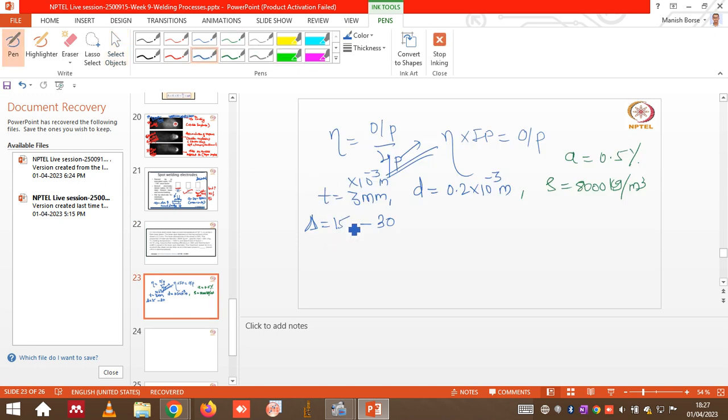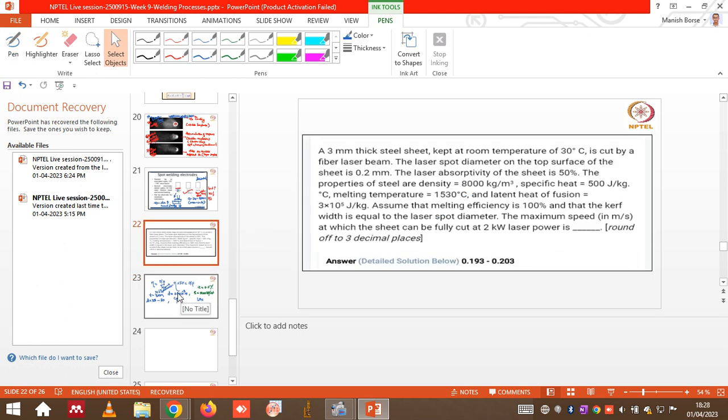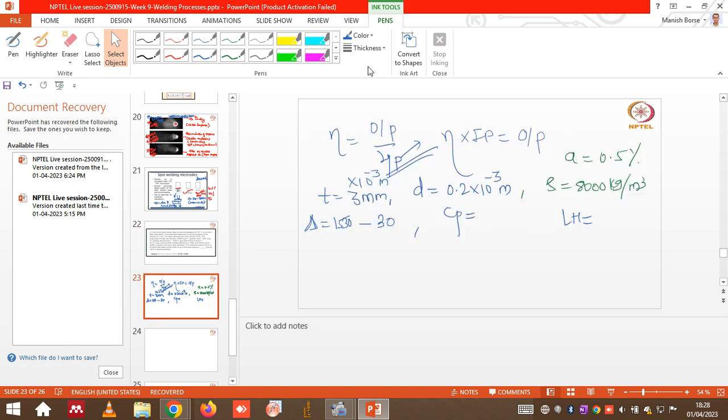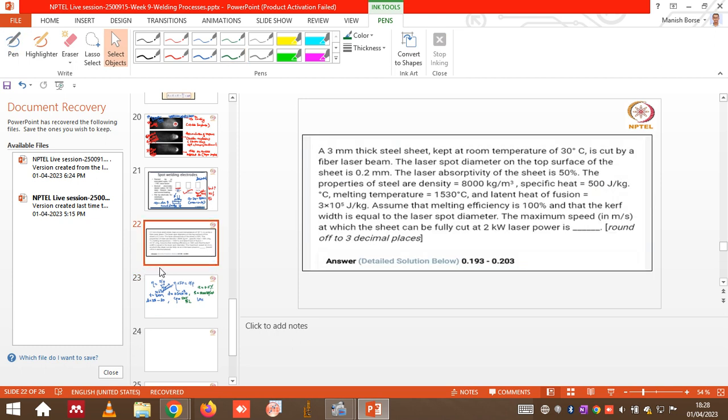Okay, specific heat and latent heat they gave. So specific heat of the material is 500 joule per kg per degree Celsius, and the latent heat they mention is 3 into 10 raised to 5 joule per kg.